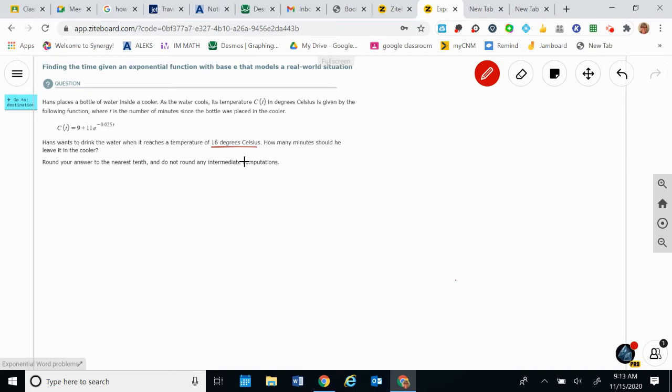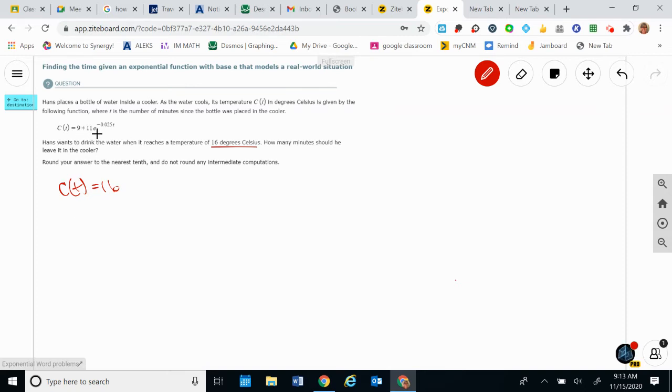This is again an inequality, because we want it to be 16 degrees, basically. Actually, we'll deal with it when we get the answer. We're going to put 16. So we want C of t equals 16. The next thing, e is a number.